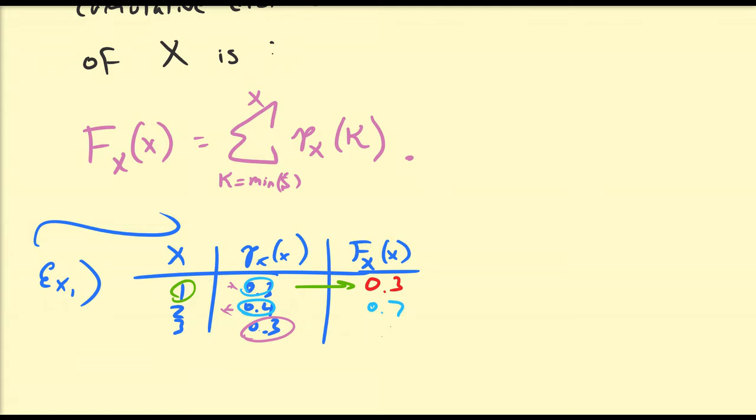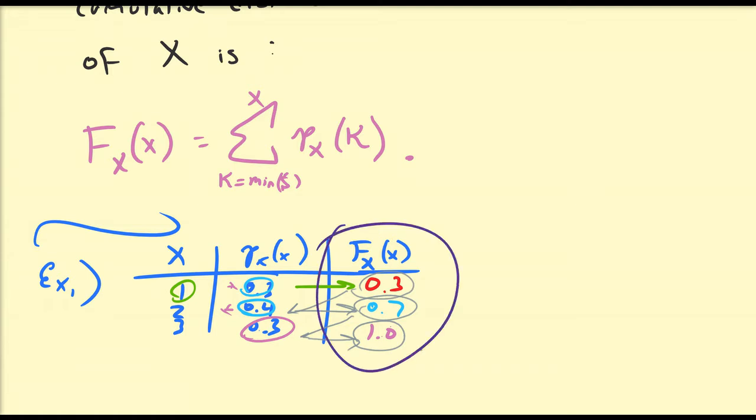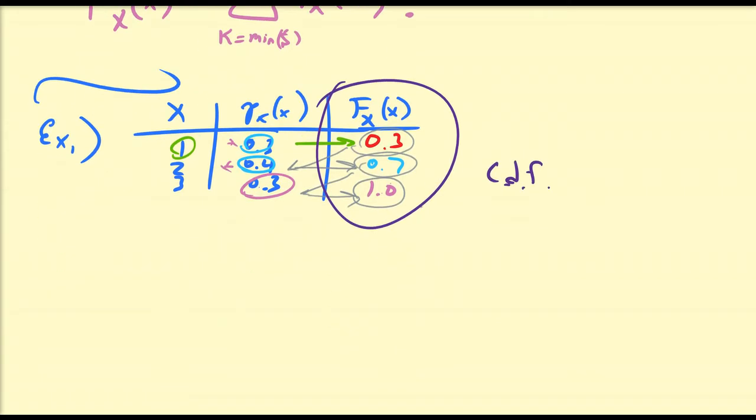Notice that we do not need to add up vertically for each of these. We can just take 0.3 plus 0.4 to get 0.7 and 0.7 plus 0.3 to get 1.0. That's a quicker way to do it if you're doing it by hand. So this is the cumulative distribution function, or CDF. It tells you, up to some point, what is the total probability that X is less than or equal to that value.